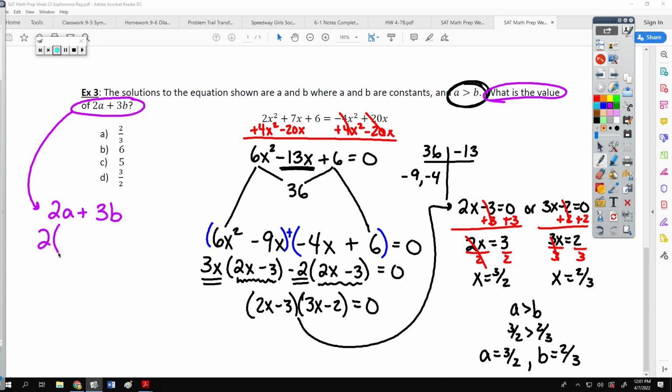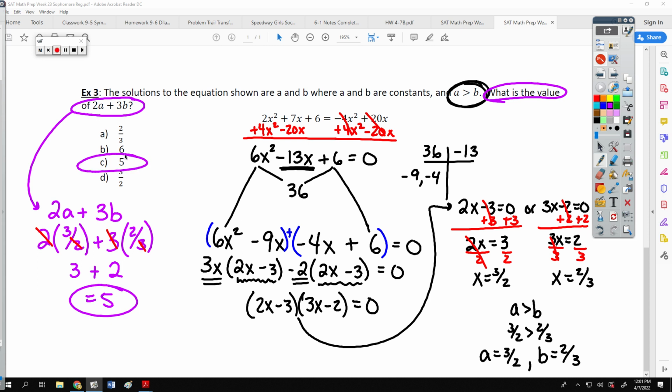So 2 times A, which is 3/2, plus 3 times B, which is 2/3. Now you can feed that into your calculator, but you shouldn't really need a calculator for this, because when we do 2 times 3/2, the 2's cancel each other out and leave us with just 3. And when we do 3 times 2/3, the same thing happens. The 3's cancel each other out and leave us with just 2. So that really says 3 plus 2, which means the correct answer is C, 5.